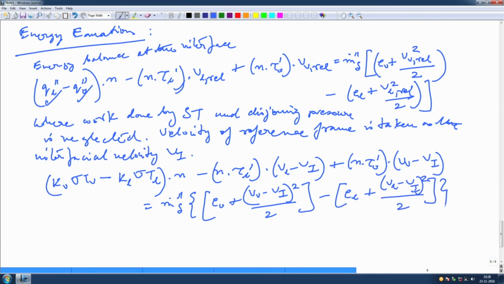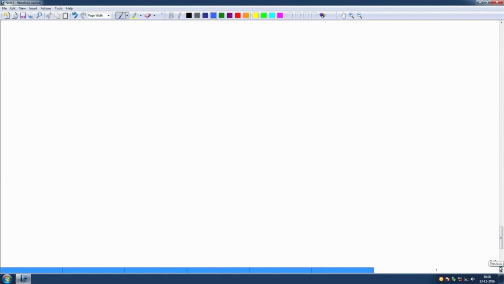This you have already seen earlier. Okay. So, this equation can be further written in terms of the enthalpy. Let us go to the next one. So, in terms of enthalpy, this becomes, these are basically long equations.